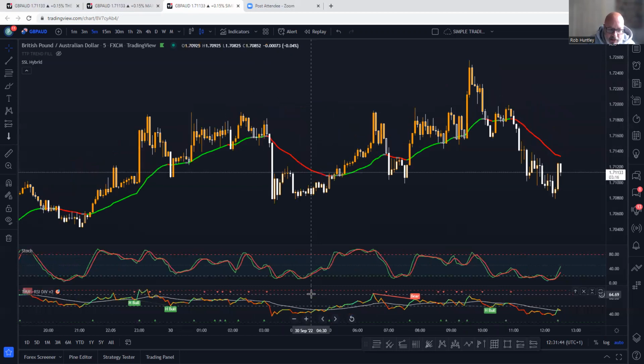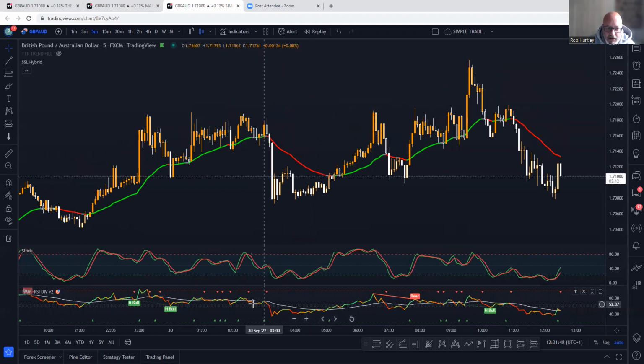Maybe if I extend it out a bit, you might see a bit clearer. And then you're looking for this line to cross below the floating line. So here you can see that it came down and then pushed up above.